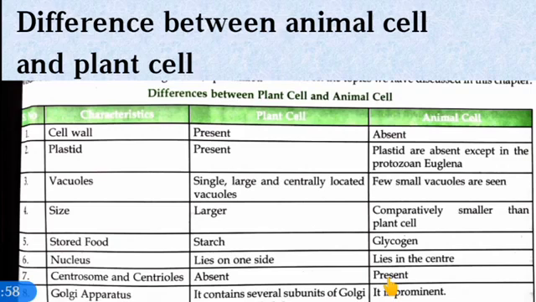So these are some differences between animal cells and plant cells.